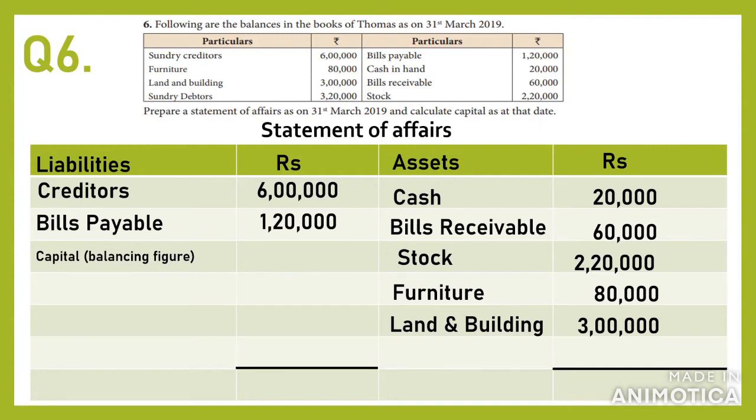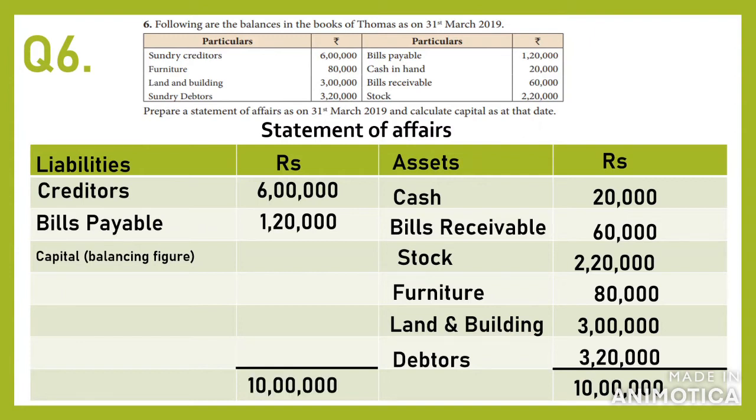And then we also have sundry debtors. Sometimes the word sundry is left out, so you will get used to it. Sundry debtors and sundry creditors are sometimes also written as just debtors and creditors. So debtors is 3.2 lakhs. So the total of the assets is 10 lakhs. Now you extend this total to the liability side.